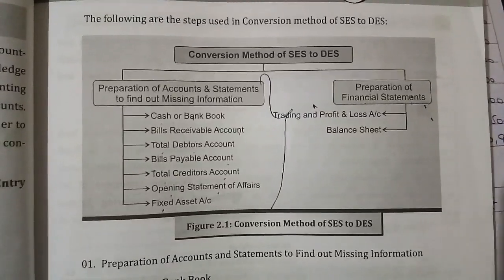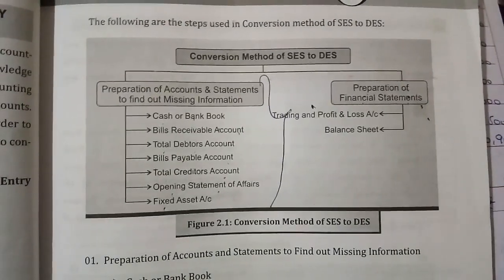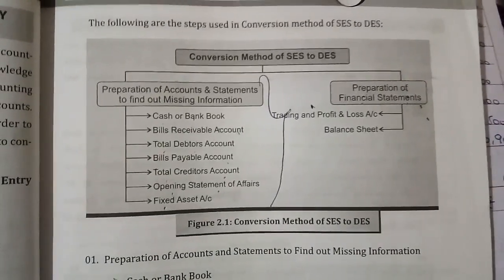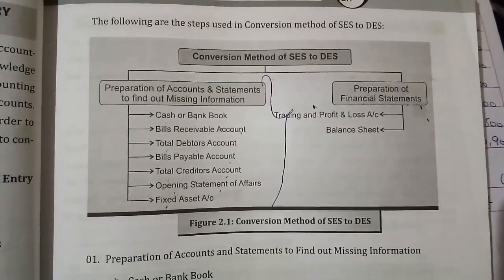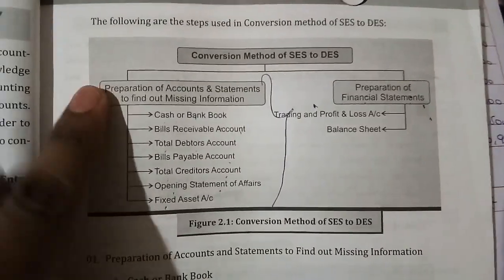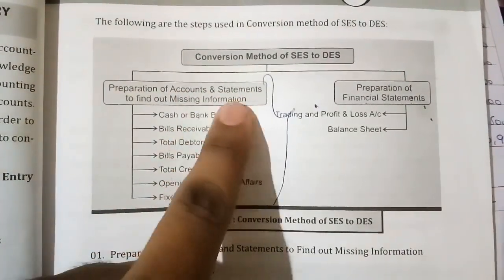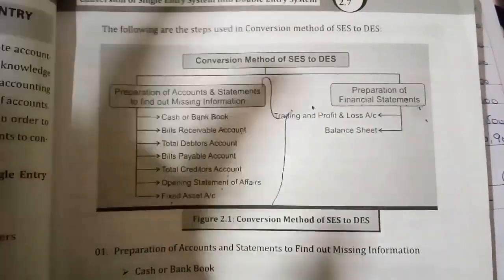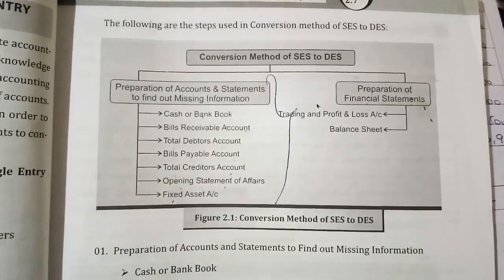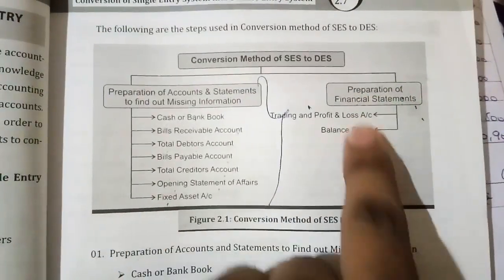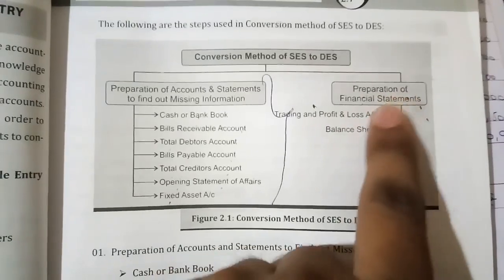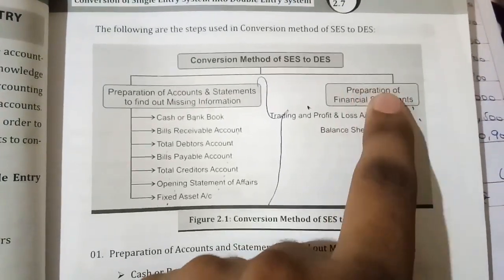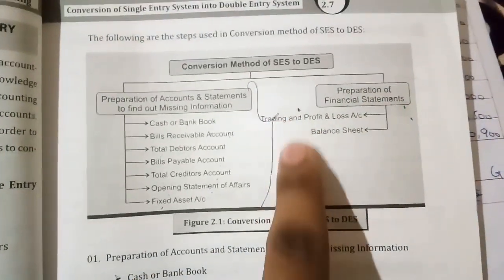Let's know how the conversion method is done from single entry to double entry. See, first is preparing account statements to find out missing information. By preparing all these accounts, you find out the missing figures, and the last two are the final financial statements, the preparation of financial statements.